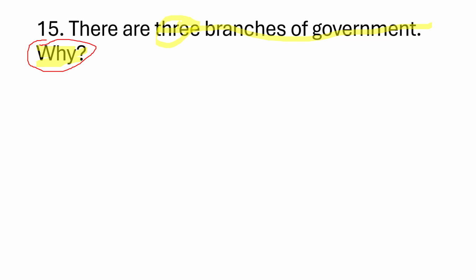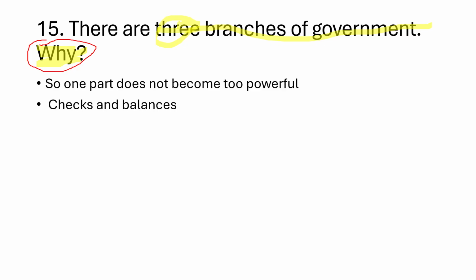And there are several choices of correct answers that you could give, so that one part does not become too powerful. Checks and balances, which is a technical phrase, sort of meaning the same thing. It means that there is balance between the different branches of government. None have all the power, and there are checks.